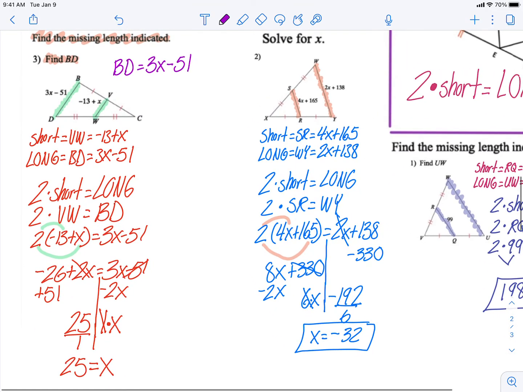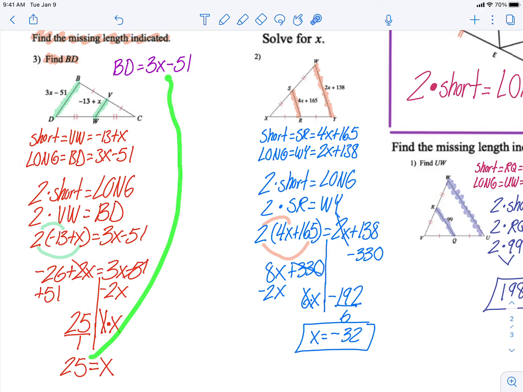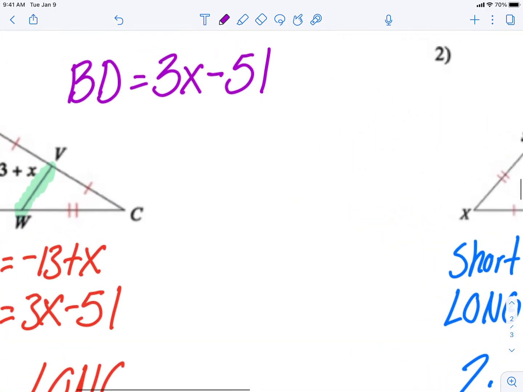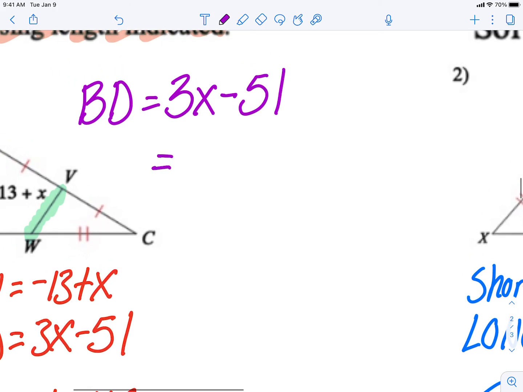Look, it's all the way down here on the bottom: x, which is 25, right there with my squiggly line. So I can write x as a parenthesis: 3 parentheses minus 51.